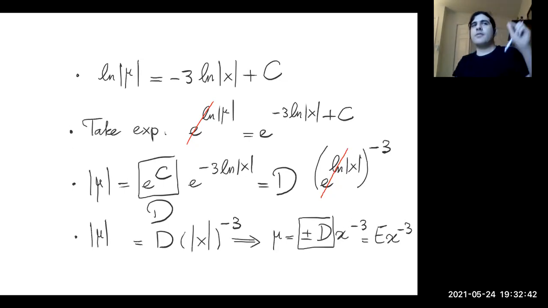Remember, if we have just one function mu satisfying this equation, that would be enough, right? Because we want to just use mu to solve the equation. We want to just find one mu satisfying that property, and then we can multiply that equation by that function, and we continue. So I can just take mu of x to be, well, the simplest thing, just x to the -3. I would take the constant e to be equal to 1.